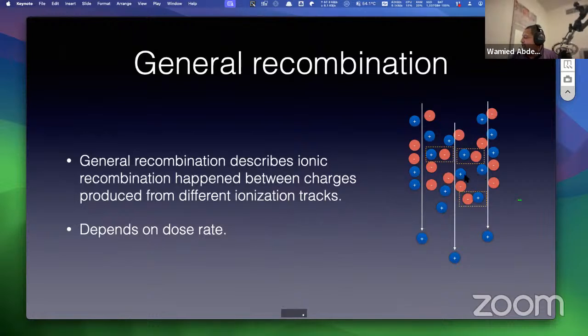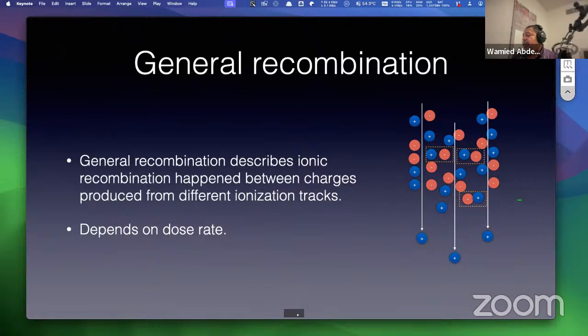In general, this general recombination is dose rate dependent, but luckily for us, for a typical linear accelerator, it doesn't vary very much because usually the ionization density is not that high in the cavity.